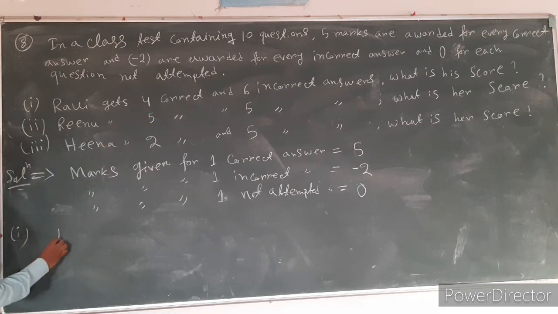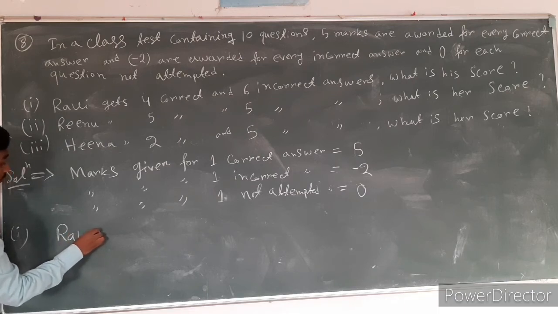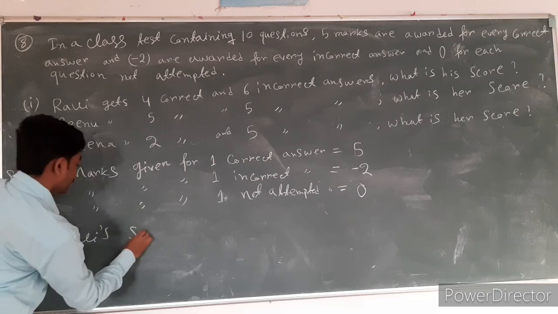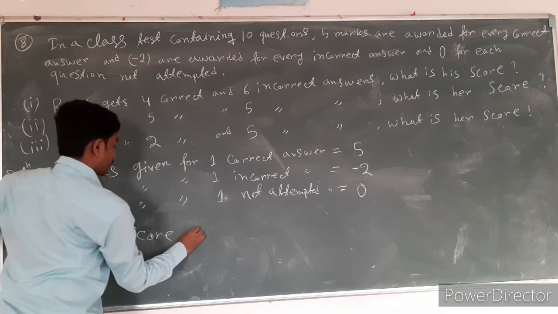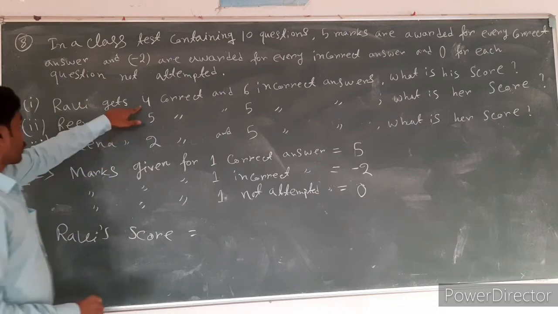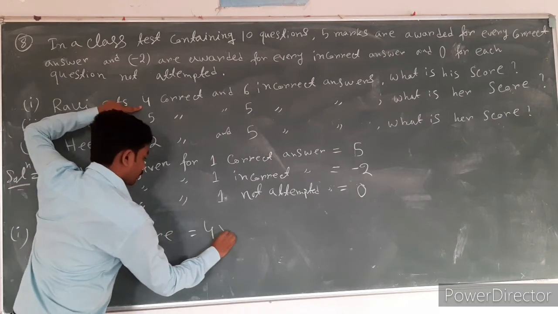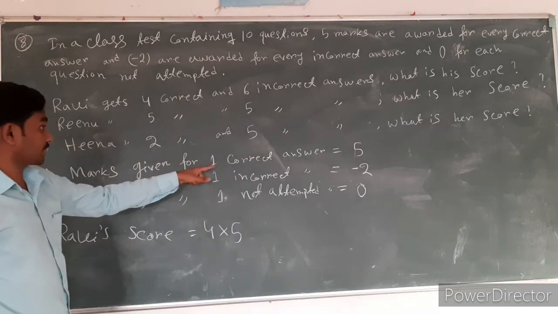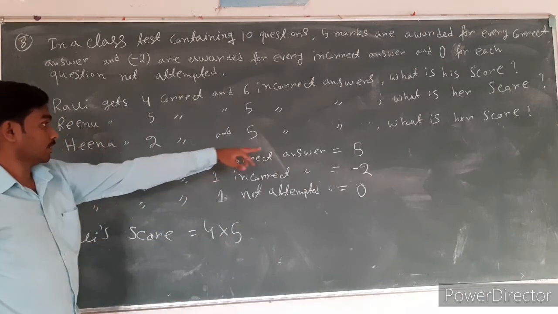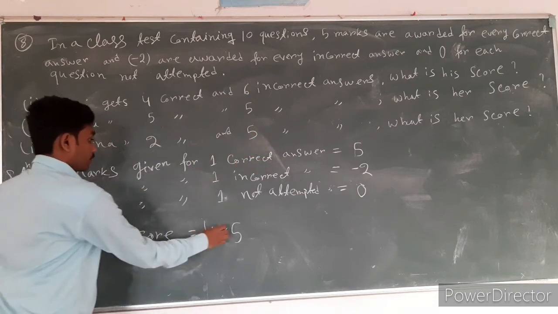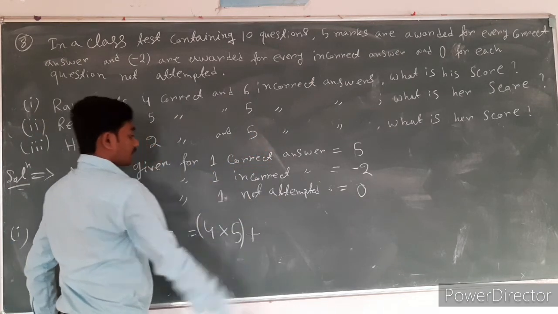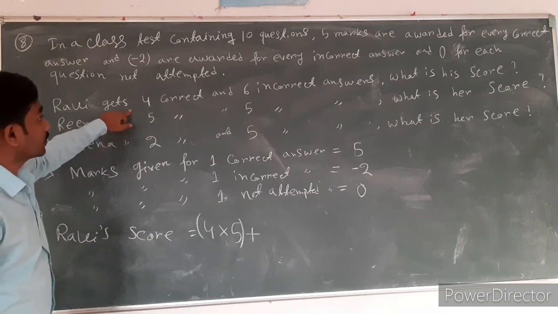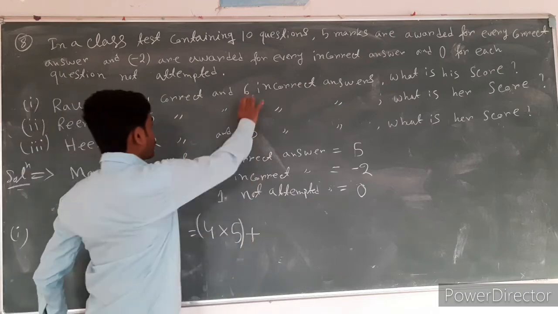So Rohit's score is equal to 4 multiplied by 5, because each correct answer carries 5 marks, plus how many questions did he answer incorrectly? 6.